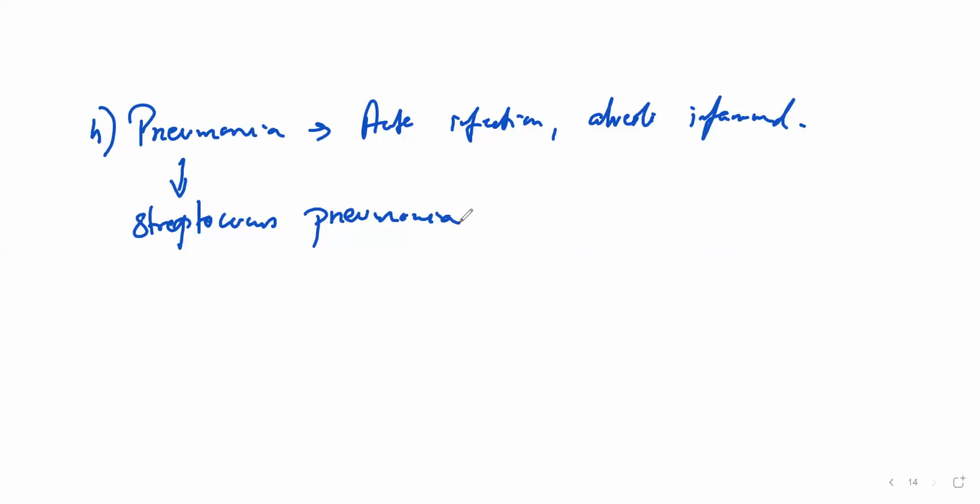Because your alveoli get inflamed, the airspace again decreases, and fluid gets deposited in your lungs. The gas exchange will not be as smooth as it was. So these are the disorders of the respiratory system.